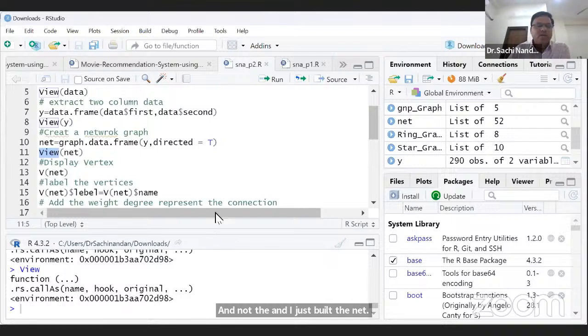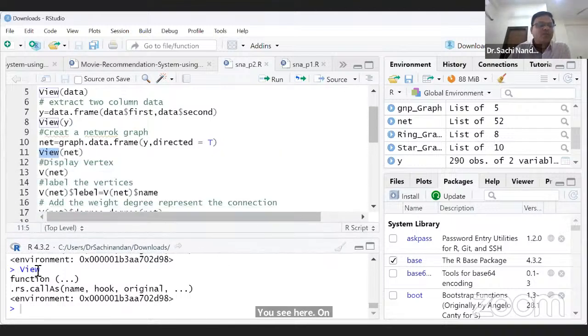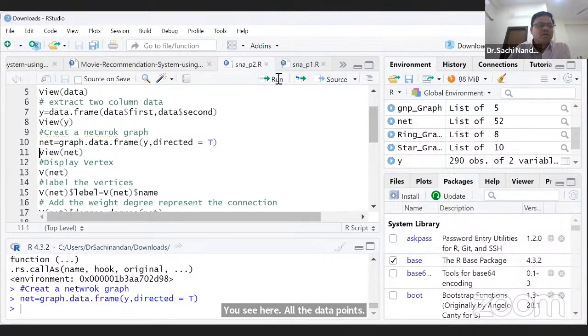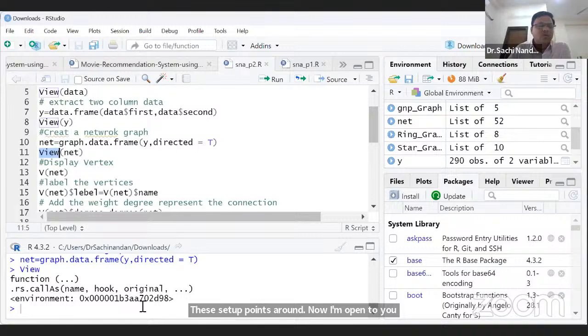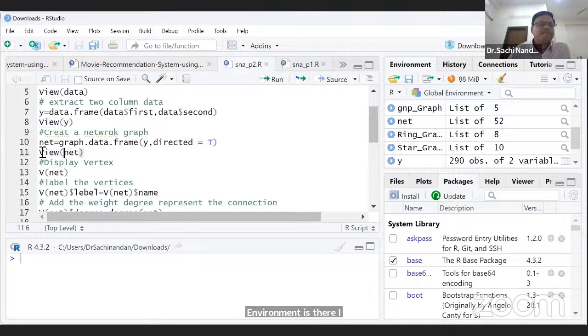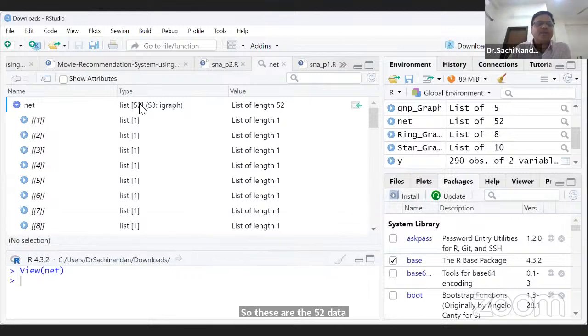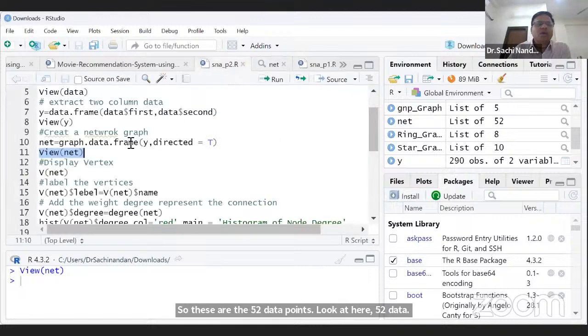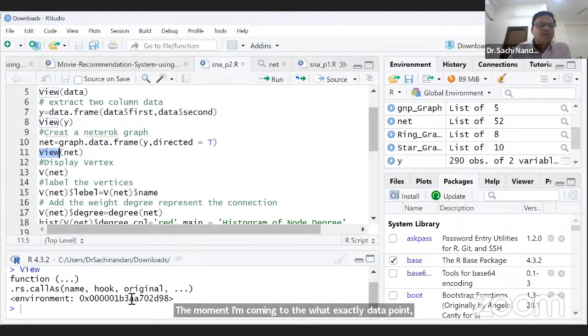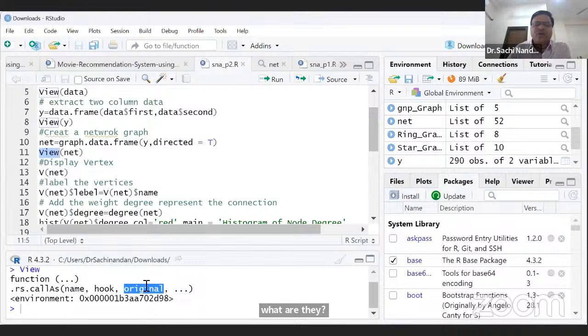You see here all the data points. Now I'll go to the environment and clear this picture. So there are 52 data points. Look here, 52 data points are there. Now coming to what exactly the data points are, the total number of data points is 52.